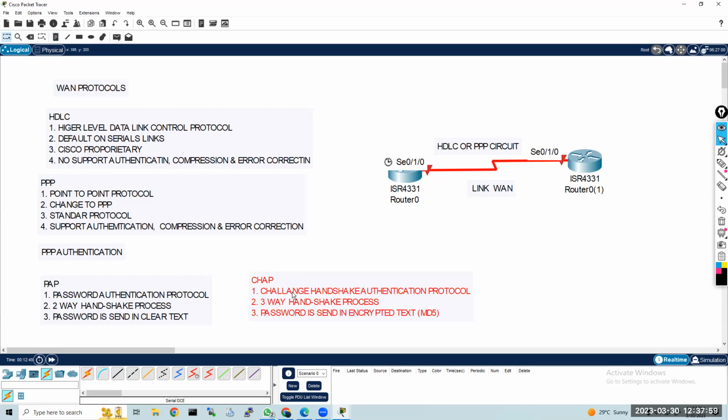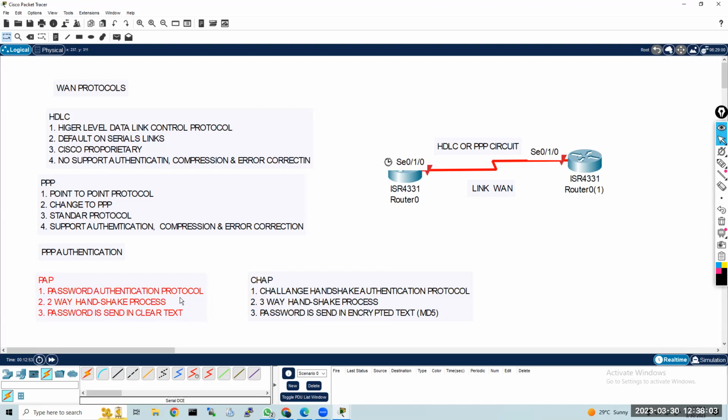Guys, please try to figure out what the difference is between these two, PAP and CHAP. Here we did one lab.